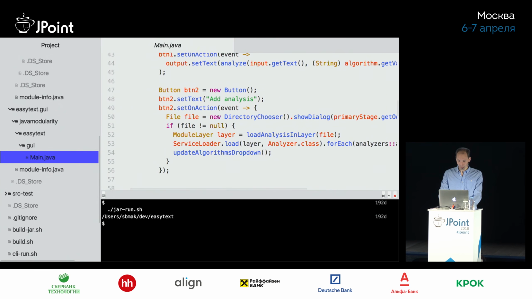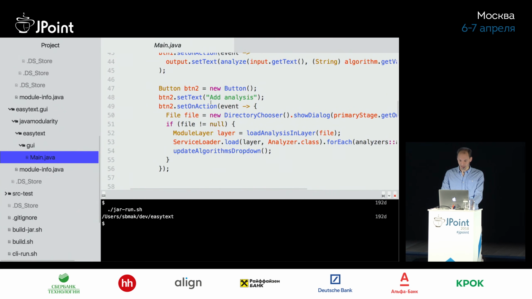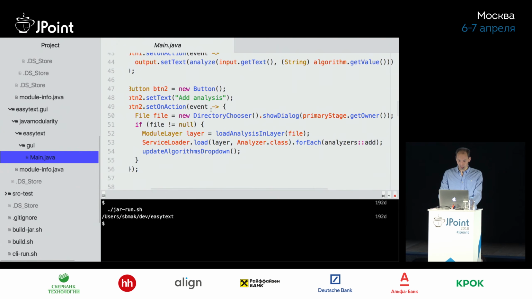What happens is that if we click this Add Analysis button, we get a dialog asking us for a directory, and after we get back the directory, we call this loadAnalysisInLayer method, and it gives us back a new module layer, and this is the module layer that I talked about in the explanation earlier.